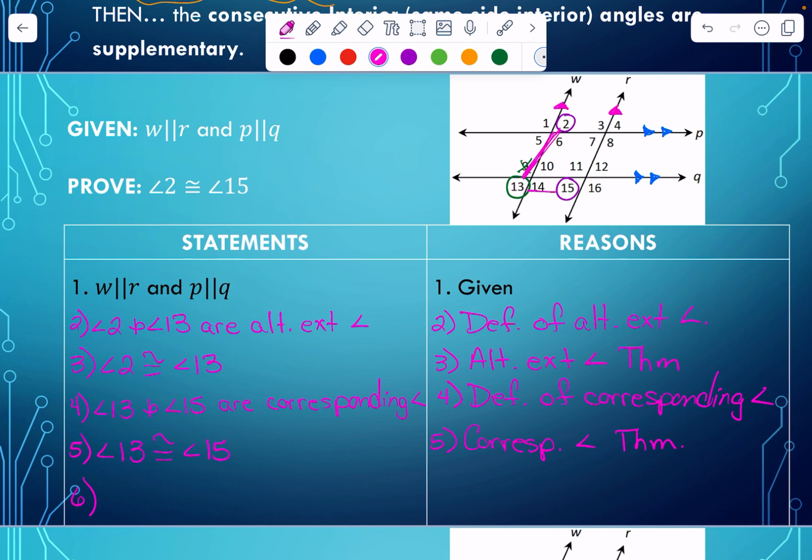Now we have 2 congruent to 13 and 13 congruent to 15, so angle 2 is congruent to angle 15, and we can use substitution here. When you make that last statement, always look back to make sure it is identical to what you're trying to prove. Ours is, so that is our proof that angle 2 and angle 15 are congruent.